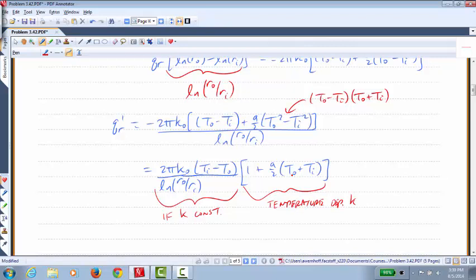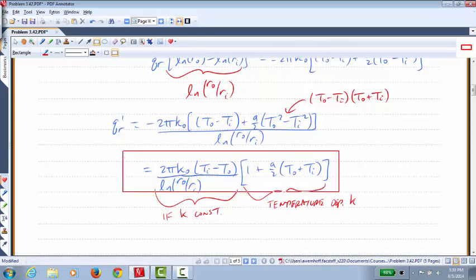So that's how that influences the answer. If we want to box it out, we get q_r prime is equal to that right there. I'll go ahead and bring down q_r prime. So that's the answer to part 1.